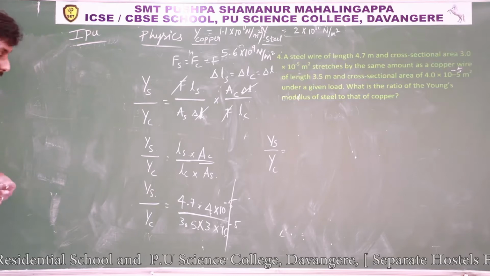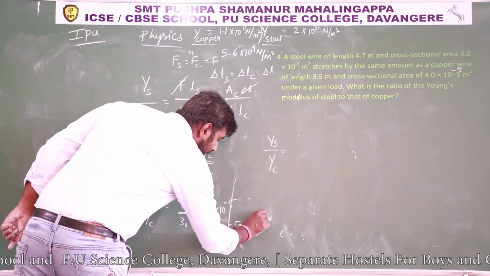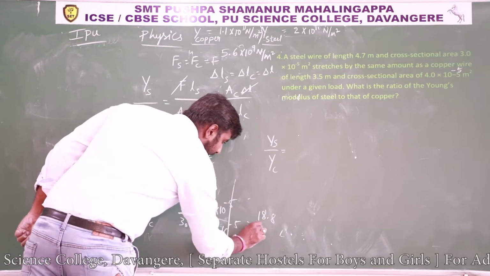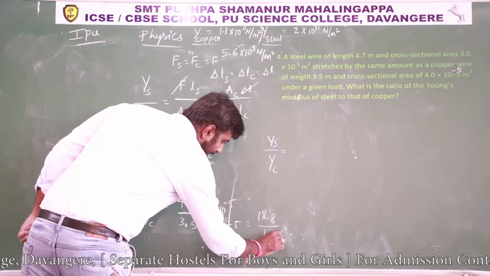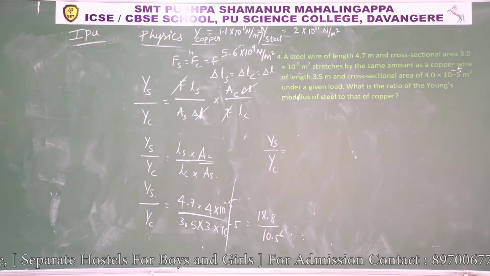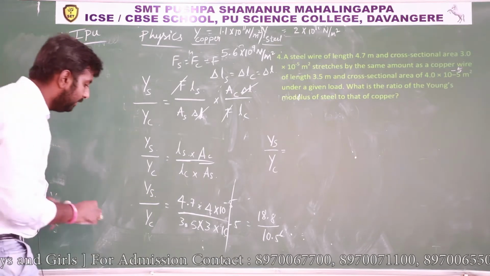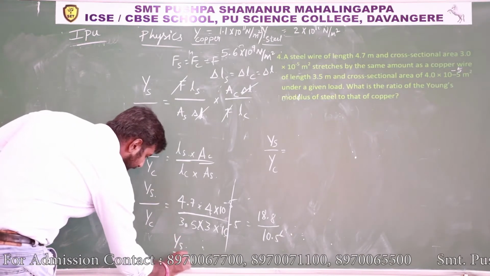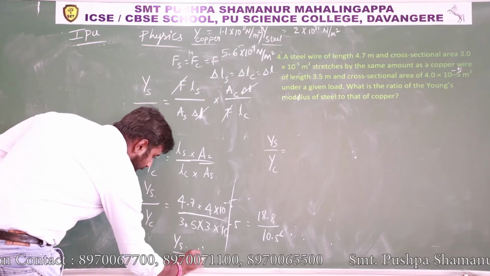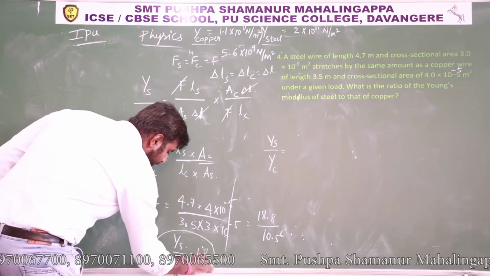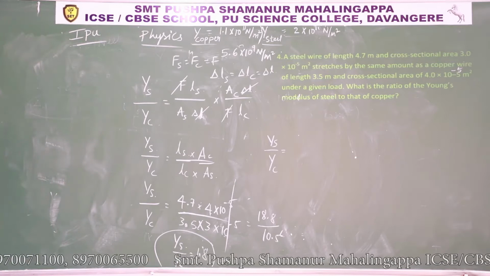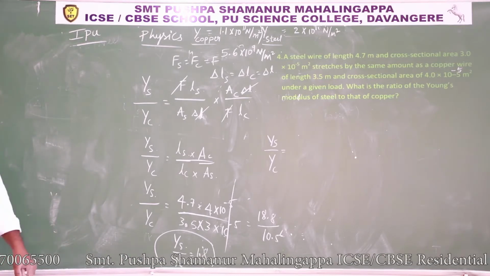So you will get the ratio as 18.8 divided by 10.5. So nearly the answer, the ratio Ys by Yc, you will get 1.8. It is 1.79, and we can write it as 1.8.